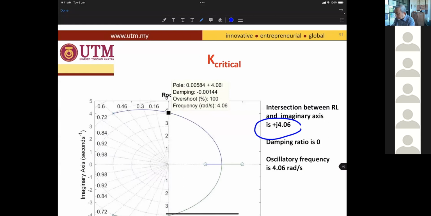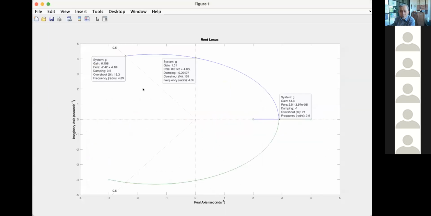K critical tadi berapa? K critical tadi 1.01. Okay, 1.01 yang ini. KBIP berapa? 51.3.